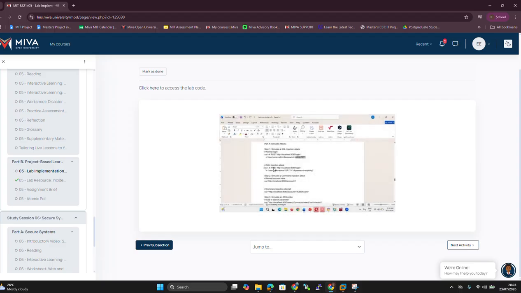You run this command on the terminal, then you should be able to access the application.